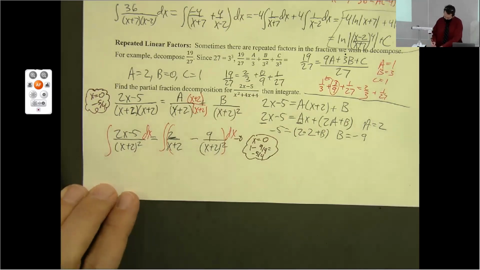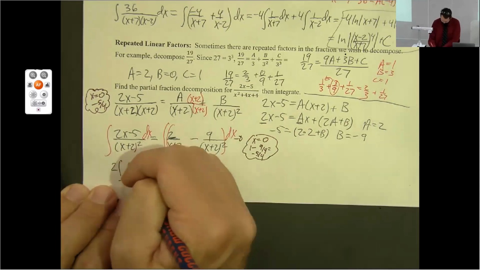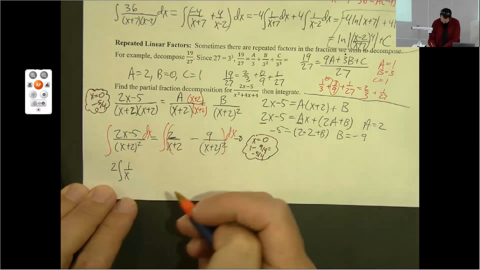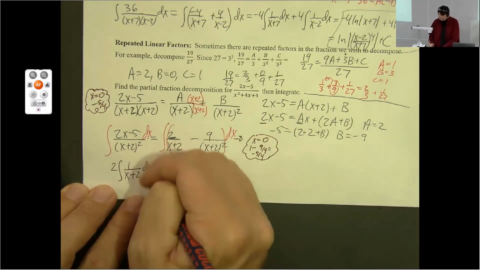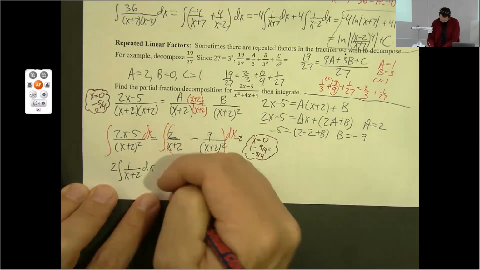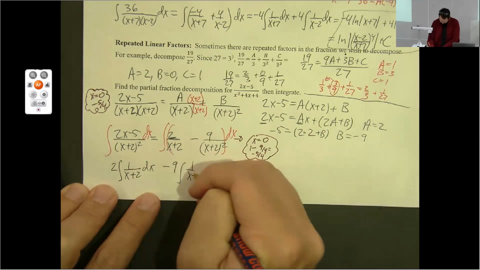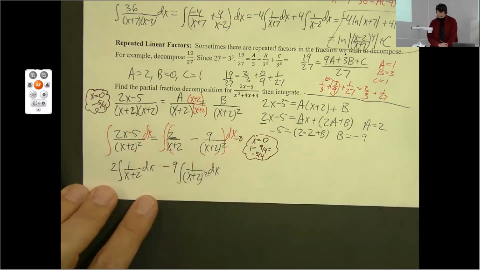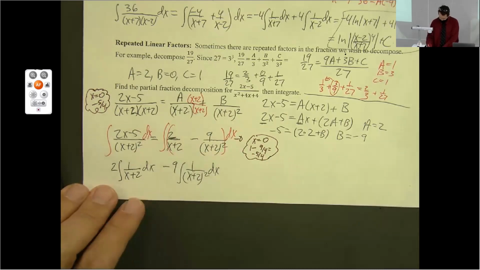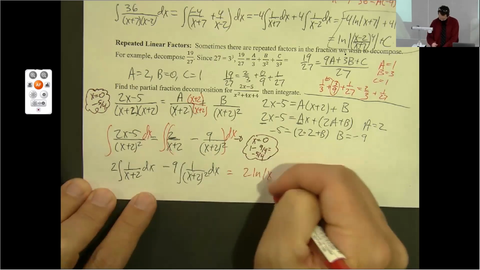All right, well, can we integrate 2 times the integral of 1 over x plus 2 dx minus 9 times the integral of 1 over x plus 2 squared dx? Yep. We'll get 2 ln absolute value of x plus 2.